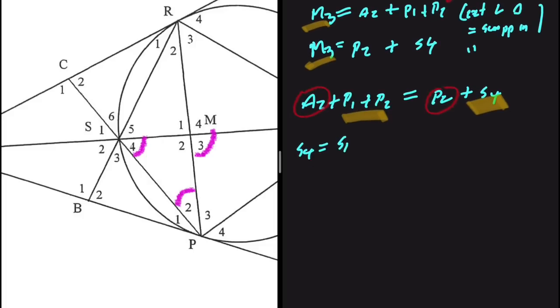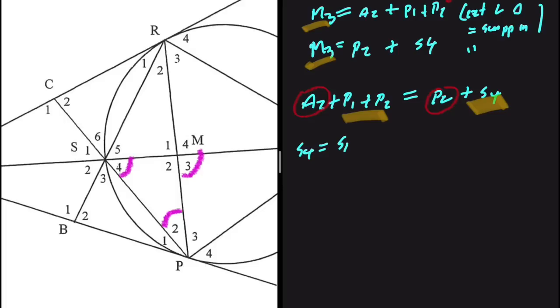But if you look at S1, from what we have proved in 10.2, it should be equal to R1 plus R2, right? Exterior angle of a cyclic quad is equal to the interior opposite. So S1 is equal to R1 plus R2. Exterior angle of a cyclic quad, so on and so on.